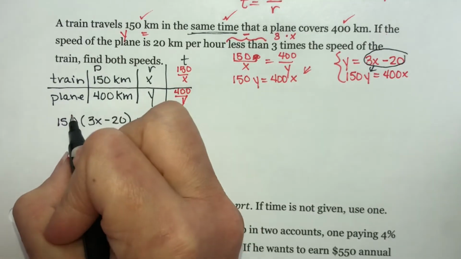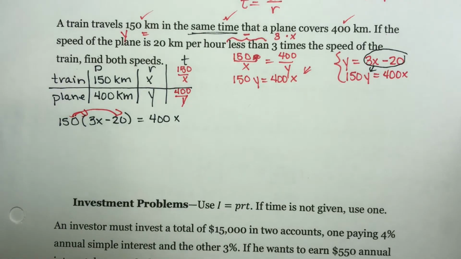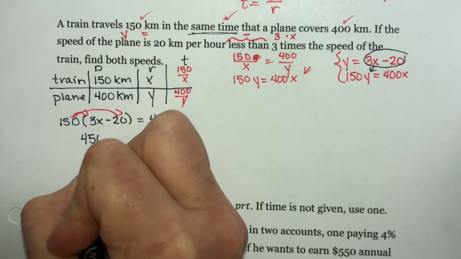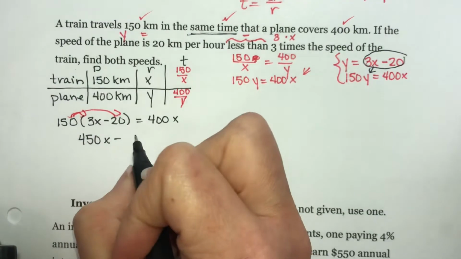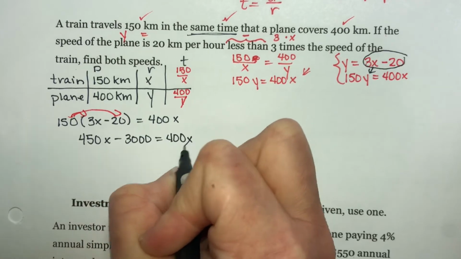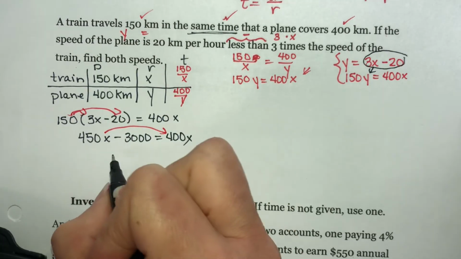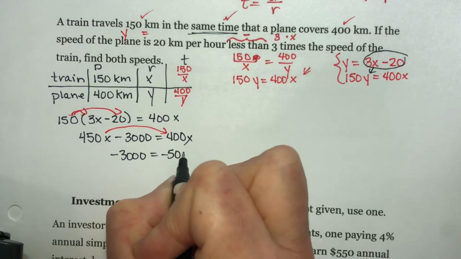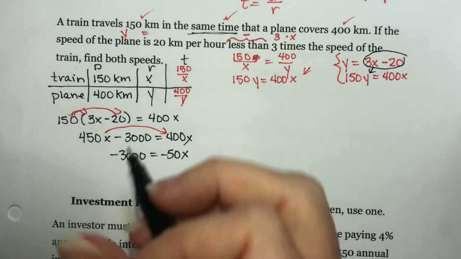All right, let's distribute. 150 times 3 is 450X, minus 150 times 20 is 3,000, is equal to 400X. Let's subtract 450X from both sides to get negative 3,000 is equal to negative 50X. Divide both sides by negative 50, and we get 60.